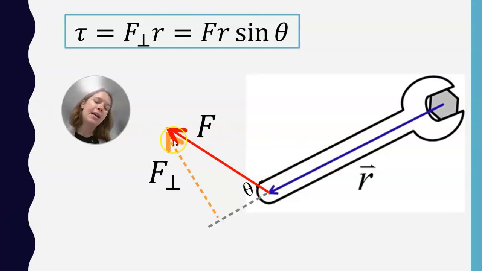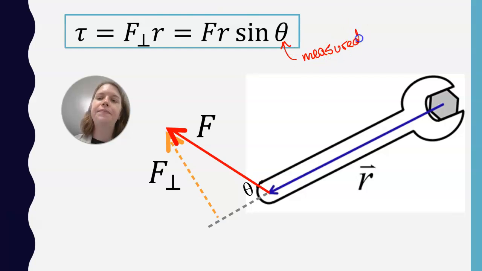So if we deconstruct our force here at an angle, we can see that the perpendicular component, if we have our angle measured with respect to the radial line, can be calculated as F sine theta. This angle is measured from the radial line, or from that extension of the moment arm.